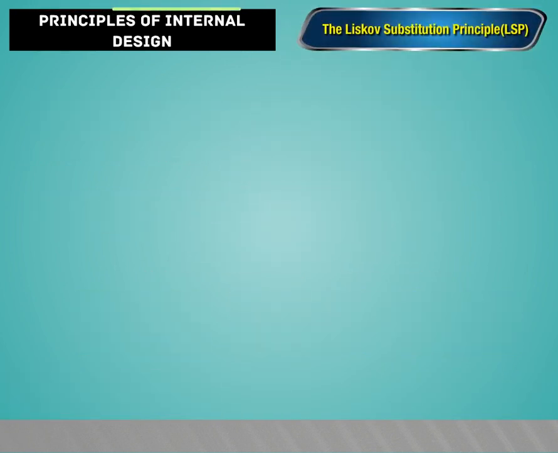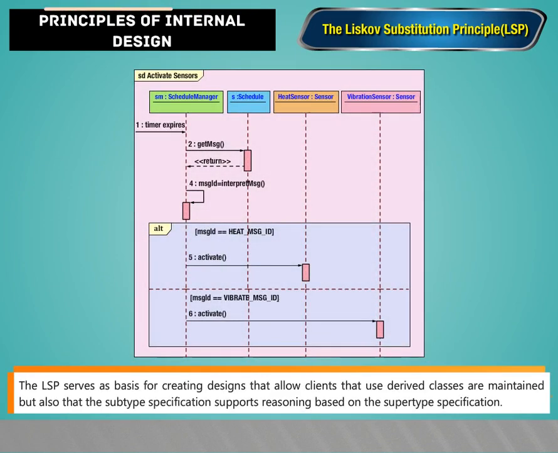The Liskov substitution principle, LSP. The LSP serves as basis for creating designs that allow clients that use derived classes to be maintained, but also that the subtype specification supports reasoning based on the supertype specification.